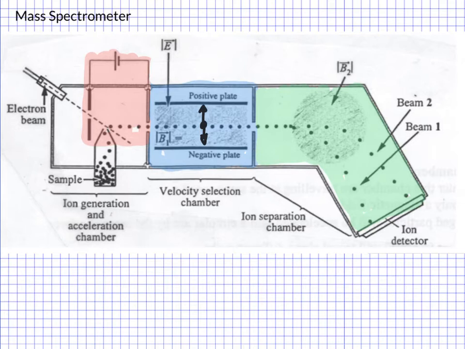Okay, so we've made a statement here about this first section. We'll make a statement about the second section. And now we're going to make a third statement about the ion separation chamber. And that is that in this section there is only a magnetic field.